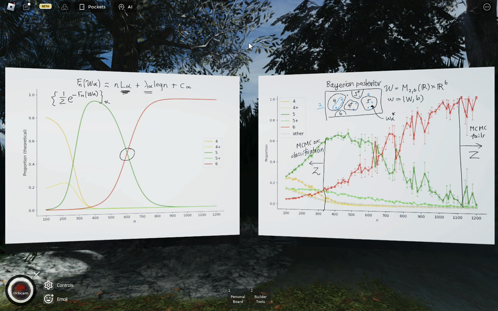It's not all the way at 0. So there's an approximation error with your MCMC, and there's also lower order terms, right?